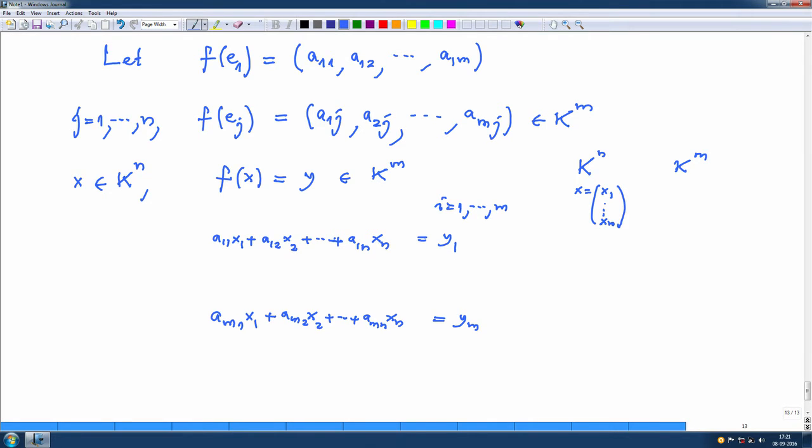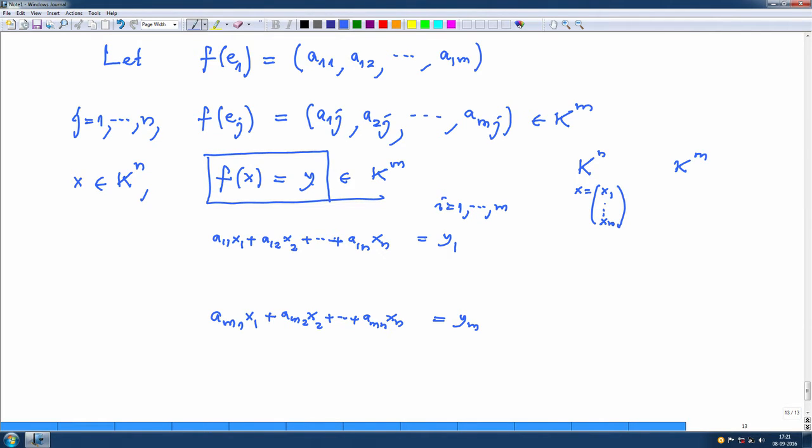There are m equations in n unknowns. So, the problem is, given y, you want to find x. That means we want to solve this equation. Given y, how many x are there with this condition.